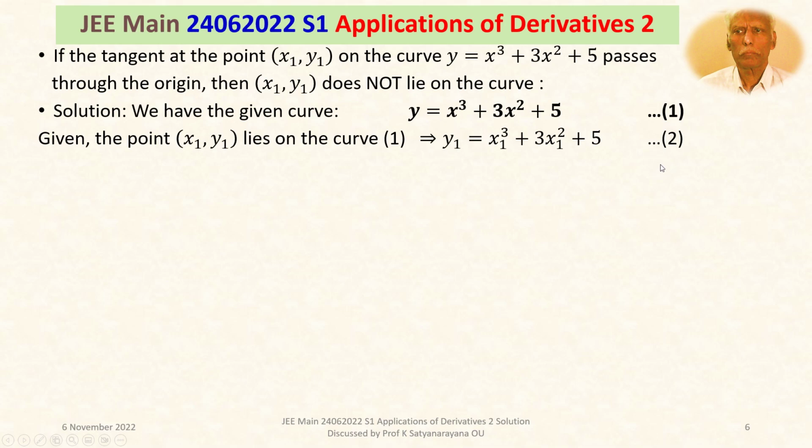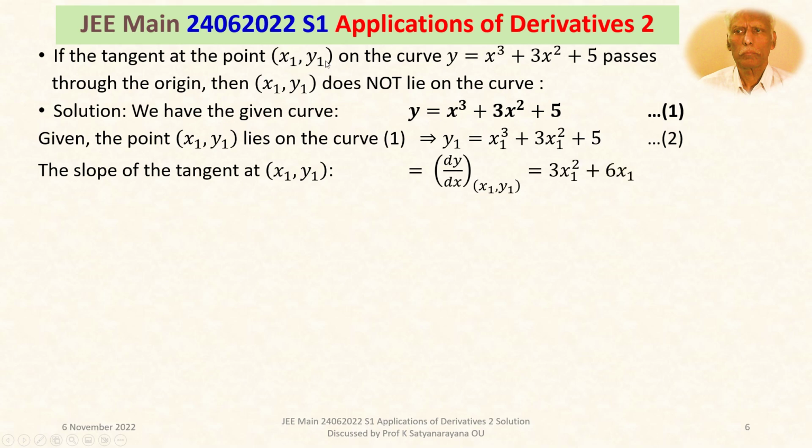Call it equation 2. And the tangent at this point x1, y1 to the curve 1 passes through the origin. Therefore, we have to first find the tangent. For that, we need the slope of the tangent at x1, y1. The slope is given by the derivative of y, that is dy by dx at this point x1, y1.